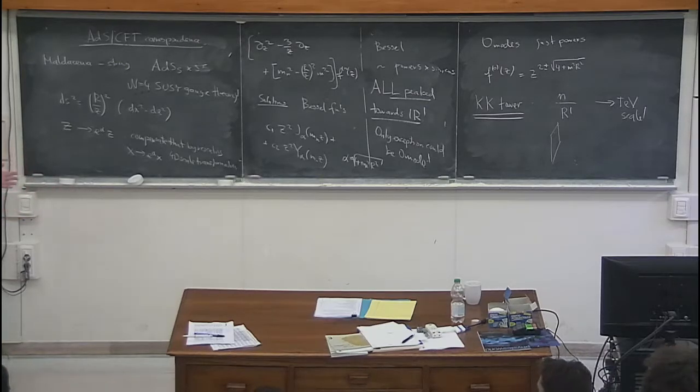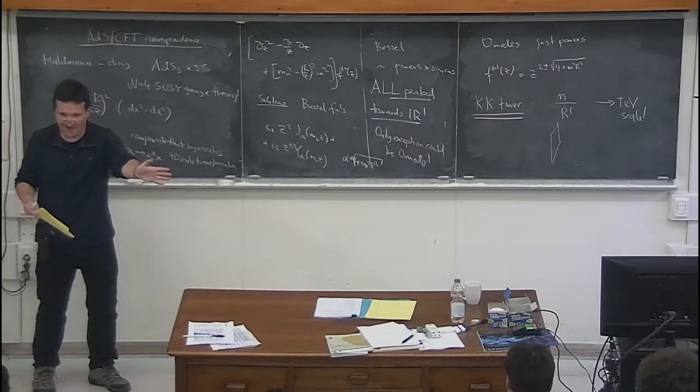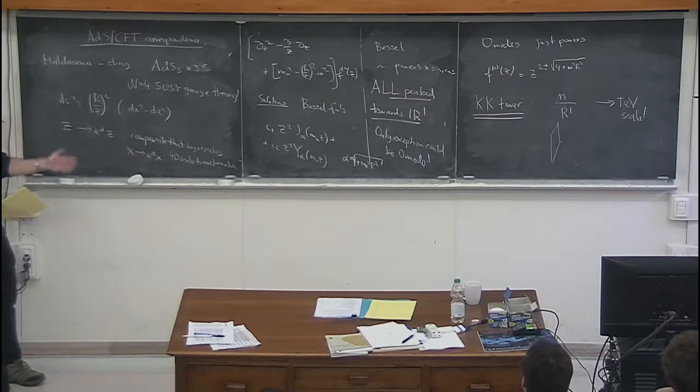That's exactly what this RS solution is taking advantage of: the mass scale way in the bulk is much smaller than the mass scale over here.